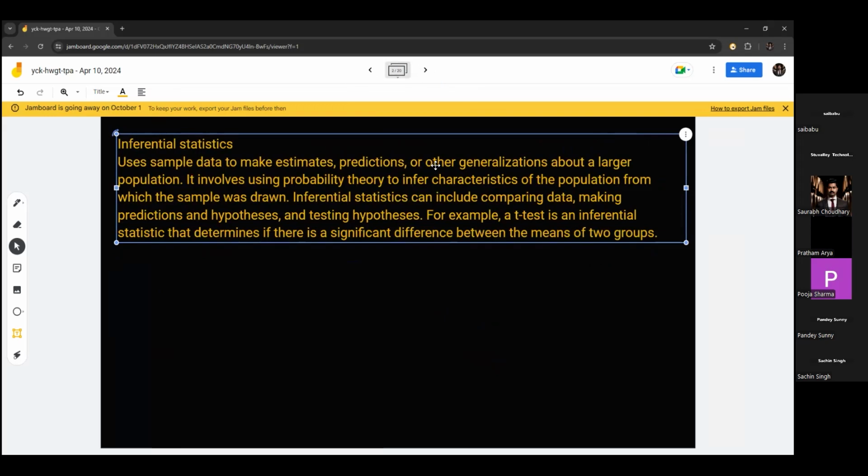It makes generalizations about a larger population. It involves using probability theory to infer characteristics of the population from which the sample was drawn.